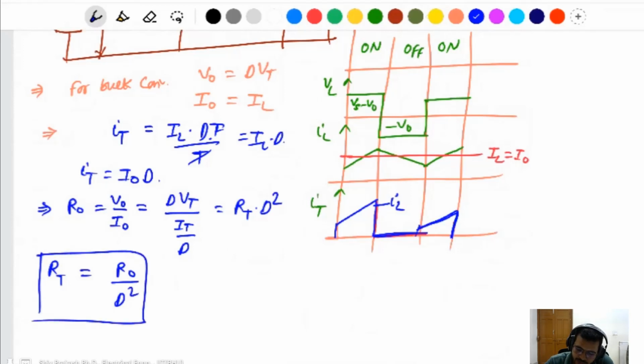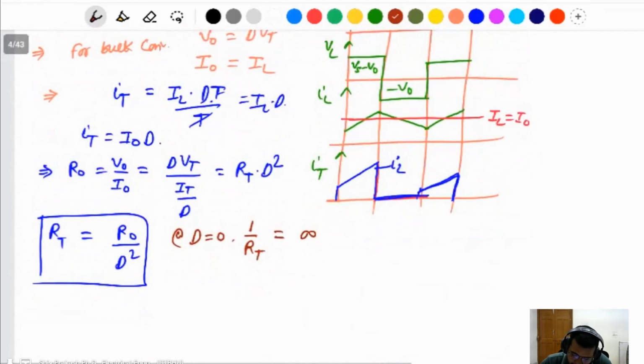For the buck converter, at d equal to 0, 1 by RT is equal to d square divided by R naught, so 1 by RT is equal to 0.